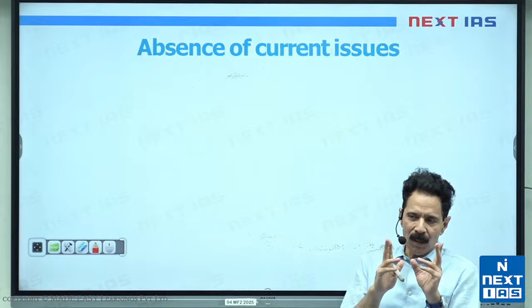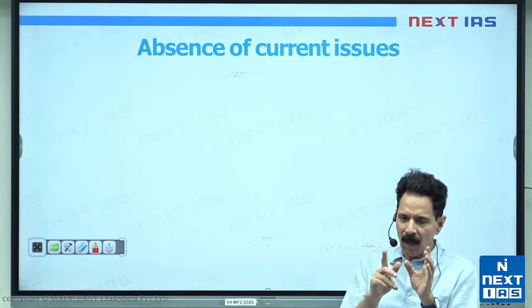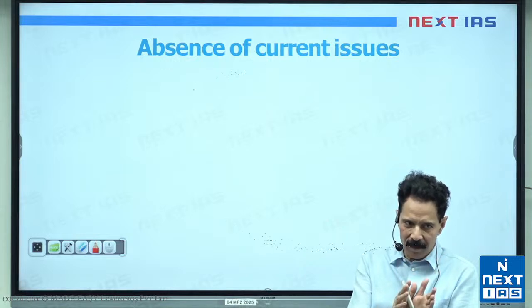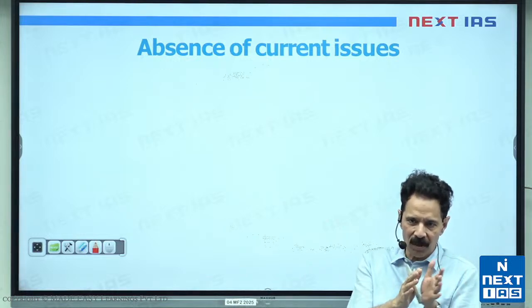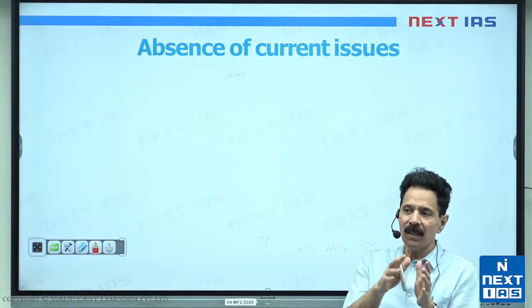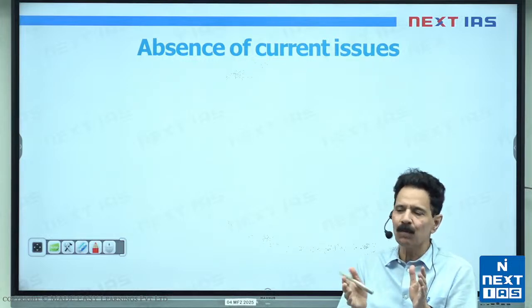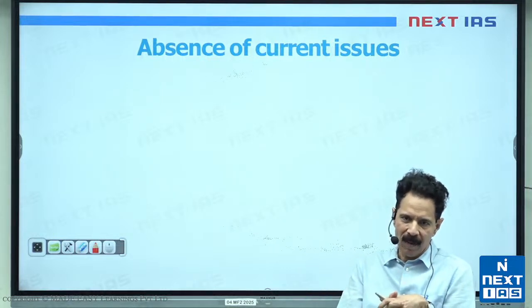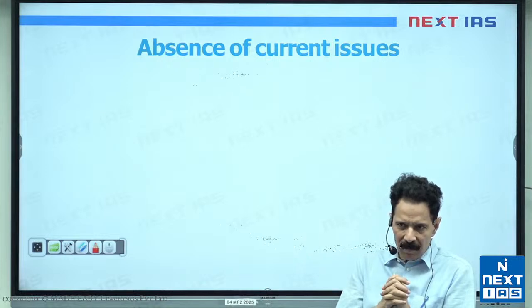So your approach becomes twofold. One, you have to study standard books on the topics mentioned, plus you have to keep on linking that with the current developments also. So you have to study newspapers and magazines for them also. In history, do you think current issues are involved? What is your idea?